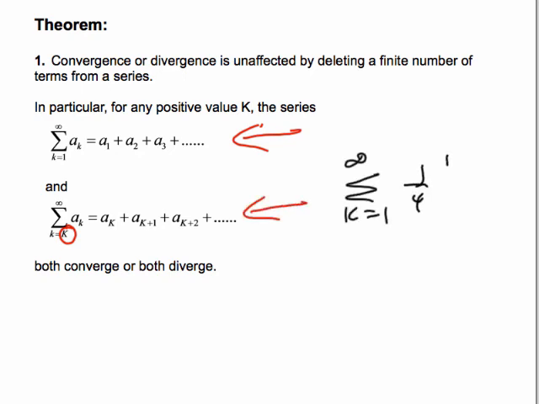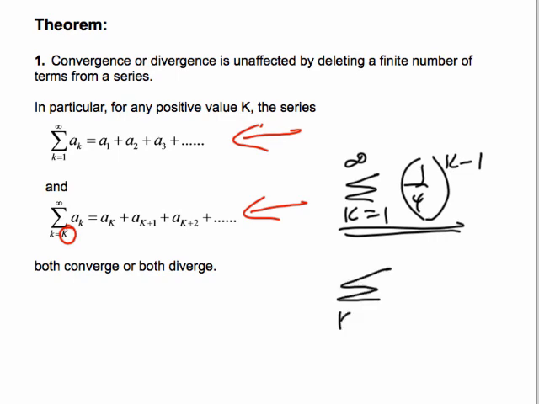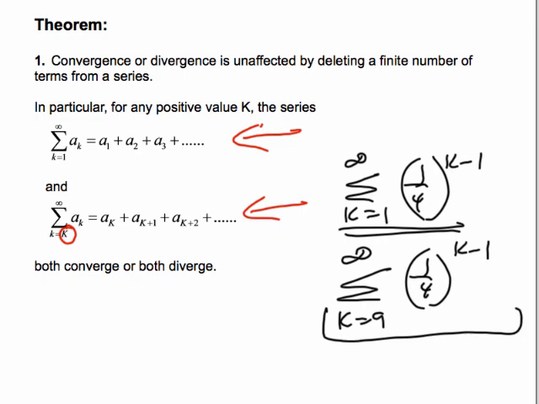So specifically, here's a geometric series that we know converges because the r value is a quarter. If I were to change the index on the bottom to a 9, and even though I've excluded the first 8 terms, I know that this series will still converge.